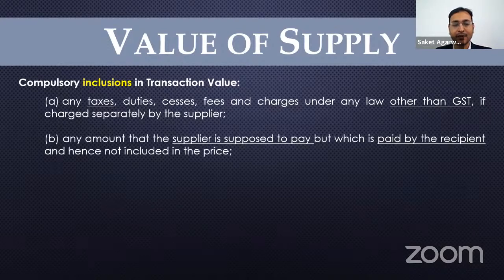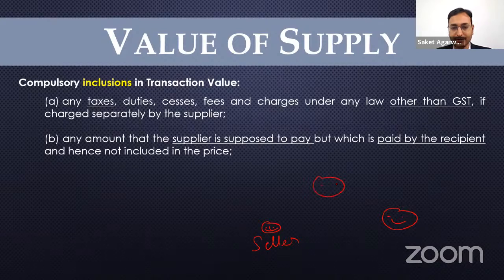Second, any amount that the supplier is supposed to pay, but which is paid by the recipient and hence not included in the price. This also has to be included. First of all, what are they trying to say? Let's say A is the supplier, I'm calling him seller. B is the buyer.